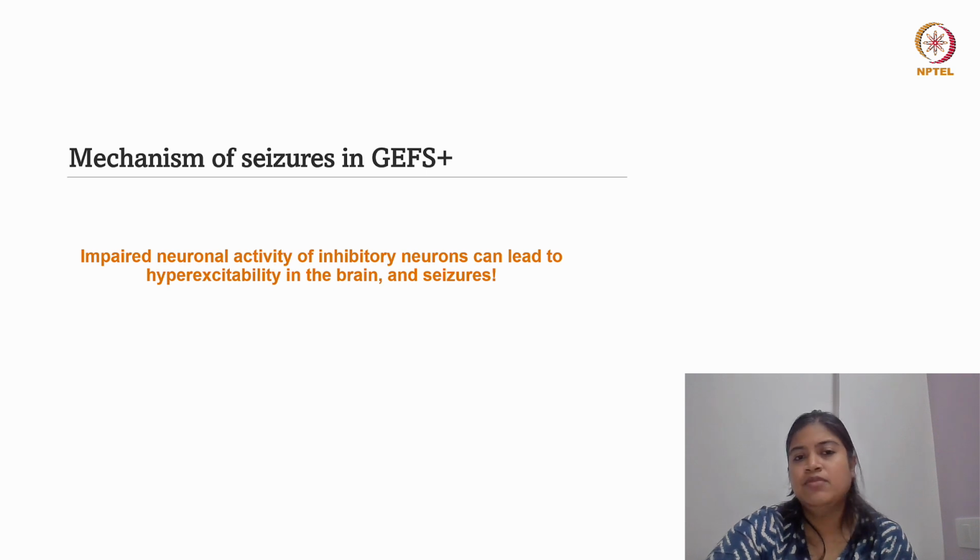So the mechanism of seizures in GEFS+, and particularly in this mutation where a lysine is changed to threonine, we found that the impaired activity of inhibitory neurons leads to seizures, and this hyperexcitability is happening because of impaired firing in the inhibitory neurons.